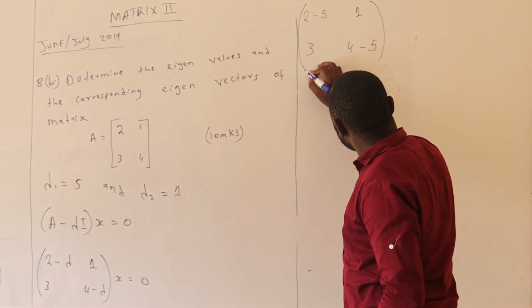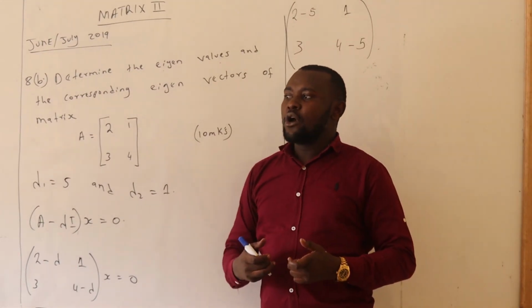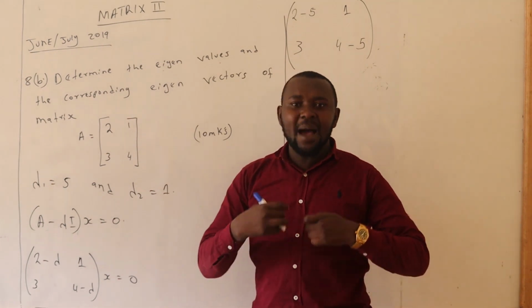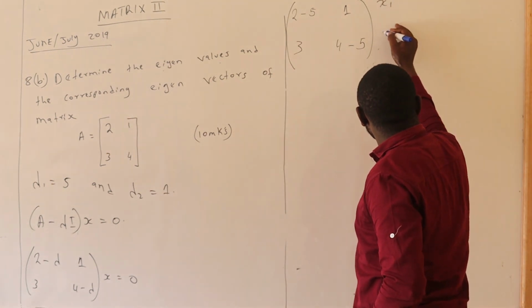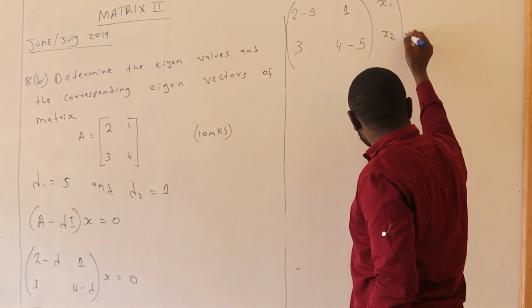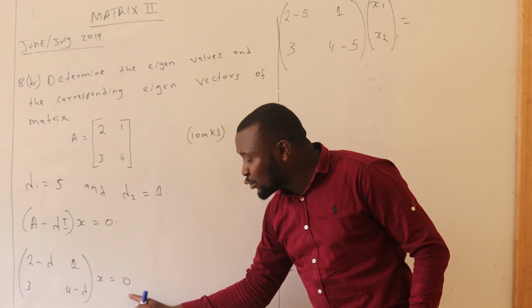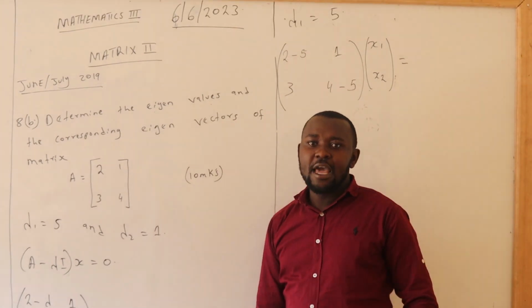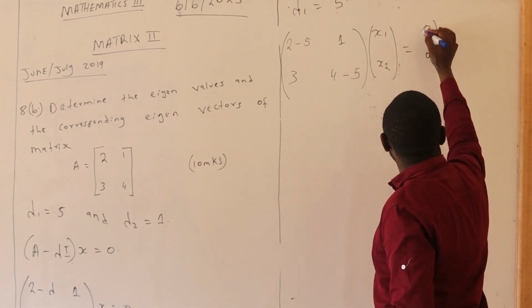All of this you multiply by x. Now you make this x a matrix, so I'm going to have x1 and x2 is equal to 0. You also make this 0 a matrix, which is equal to 0, 0.